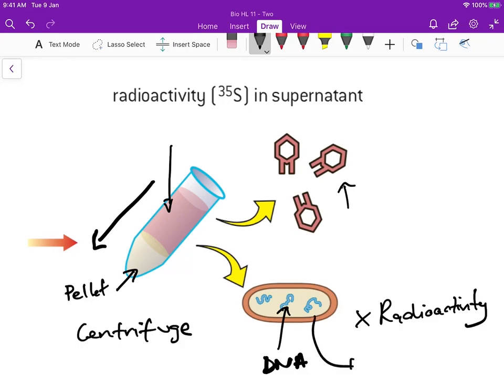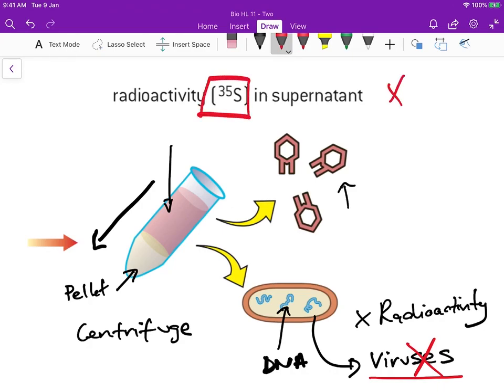And then the viruses that were reproducing, when they tested the viruses also did not have radioactivity, the new viruses which were being made. So if the new viruses were being made using the genetic material, then that genetic material cannot have had radioactive sulfur. And so therefore it's not protein that is being passed on and used by the viruses to make more of themselves.